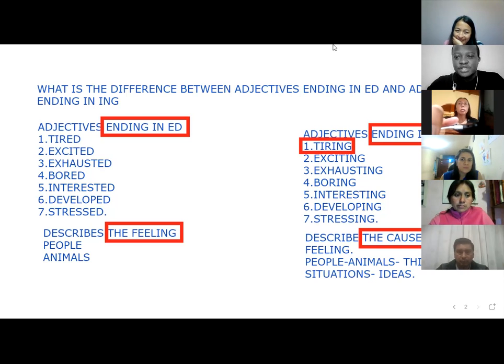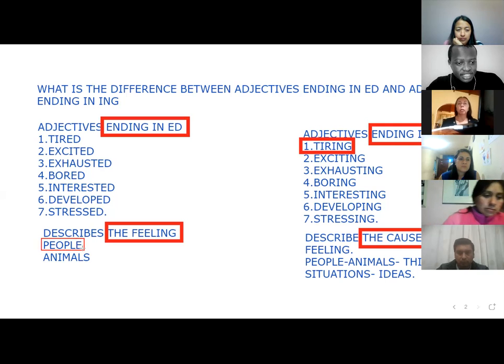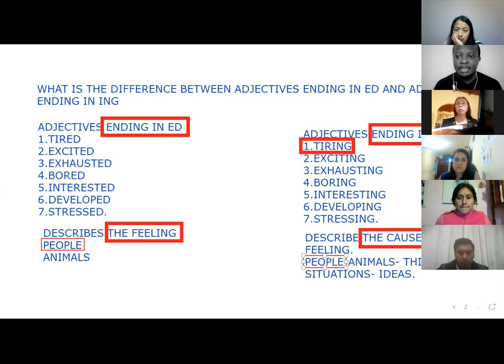So now let me ask you, a person may ask, why do we have people this side and we have people the other side? A person can be tired when the reason to cause him to be tired is another person. For example, a mother may be tired because she was carrying a baby and the baby was tiring.